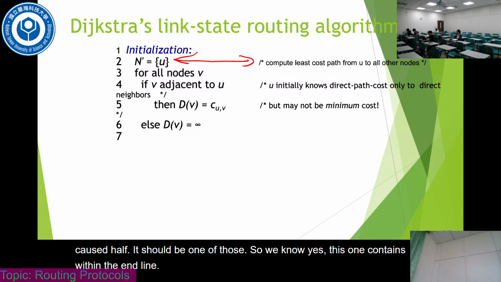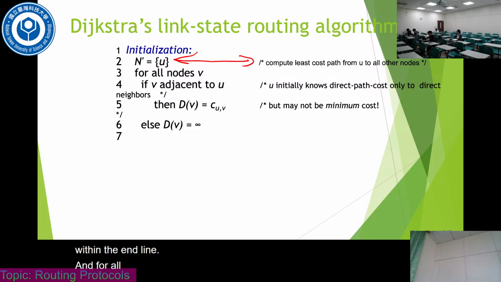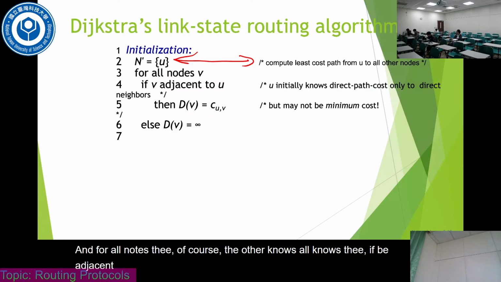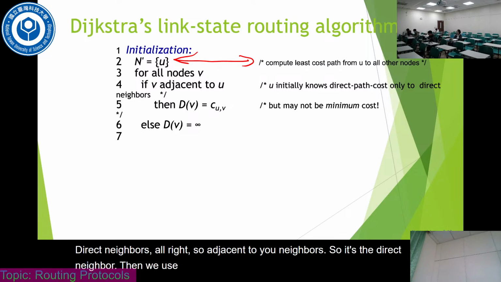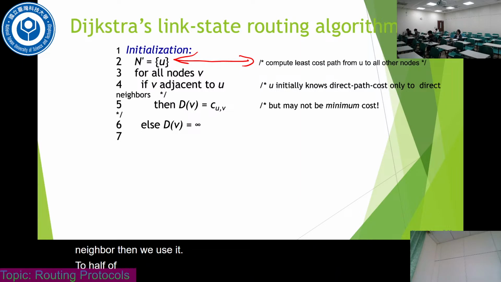And for all the other nodes v, if v is adjacent, meaning a direct neighbor, then we set D(v) to the link cost, because it's the direct one.